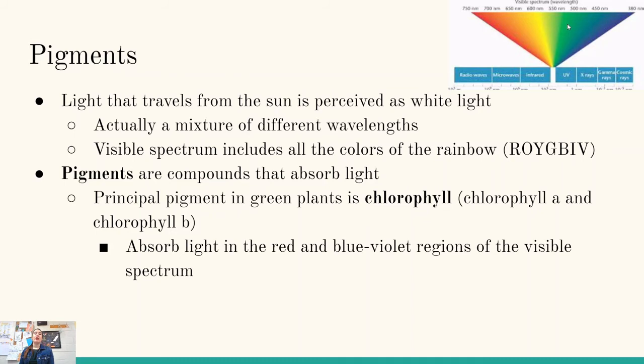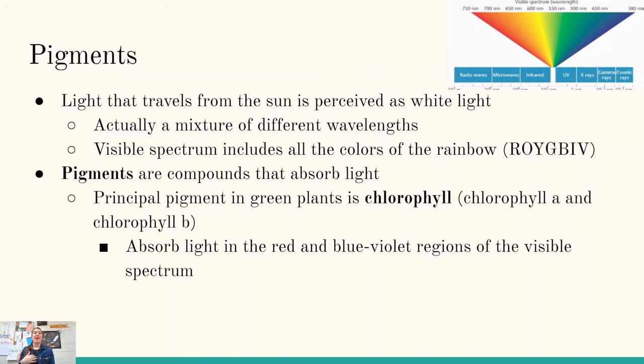Okay, those pigments absorb light in the red, kind of orange part of the spectrum, and then over here in the blue and violet part of the spectrum. So you notice they make green plants look green, they don't absorb green light. That's actually how pigments work.